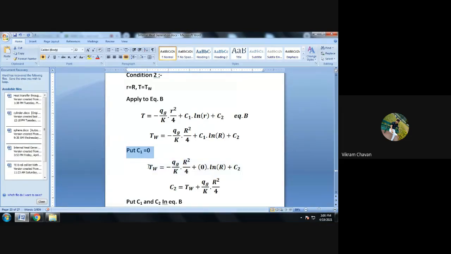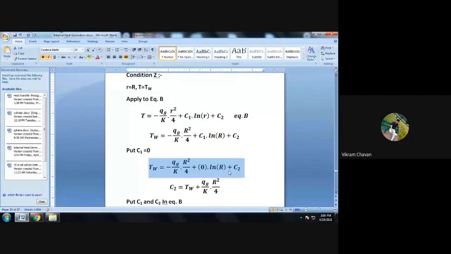Then what we'll get? We'll get Tw is equal to minus Qg divided by K multiplied by R square divided by 4, plus C1 is 0, multiplied by ln of capital R, plus C2. From this equation we'll directly get the value of C2.